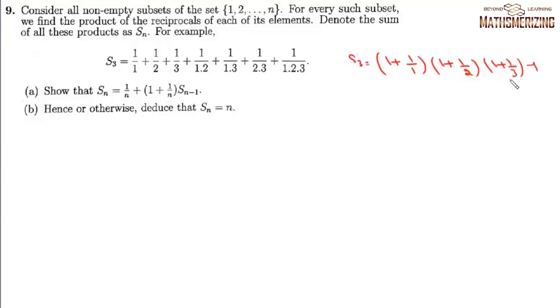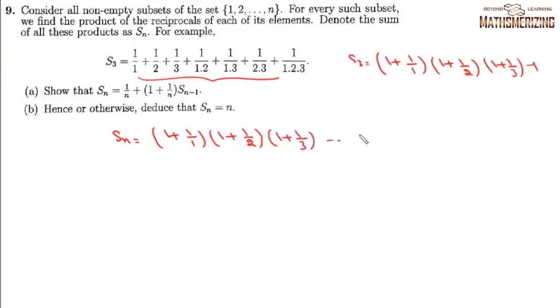Now this product has all these elements. So we can find the sum of all these products Sn as 1 plus 1 upon 1 into 1 plus 1 by 2, 1 plus 1 by 3 up to 1 plus 1 by n minus 1. Now we can also write Sn minus 1 as 1 plus 1 upon 1, 1 plus 1 by 2 up to 1 plus 1 by n minus 1 minus n.